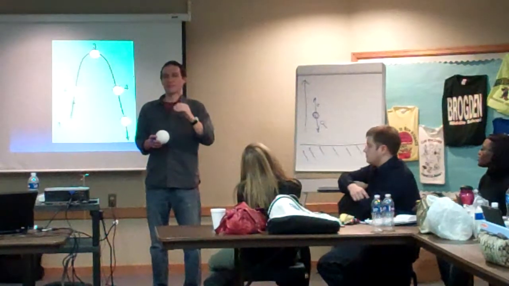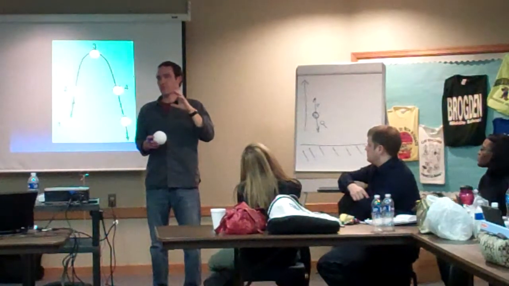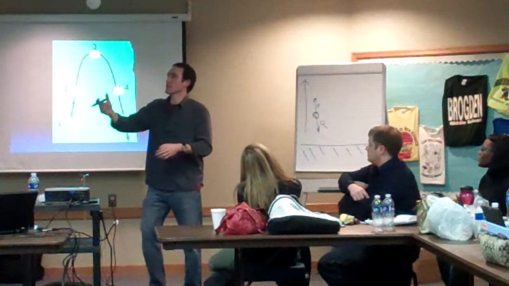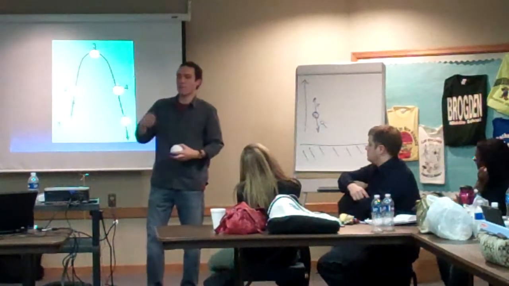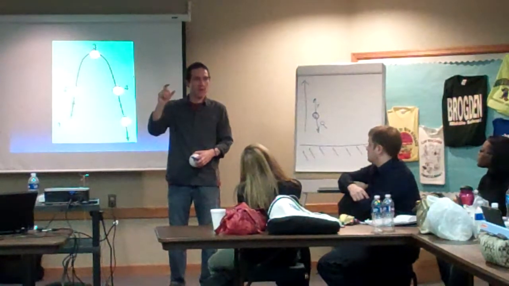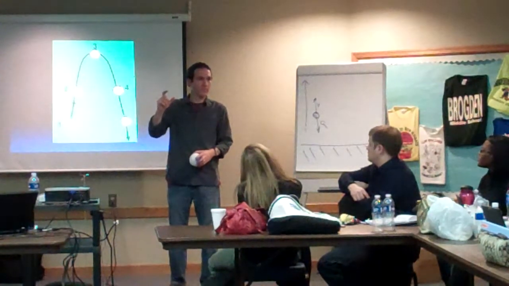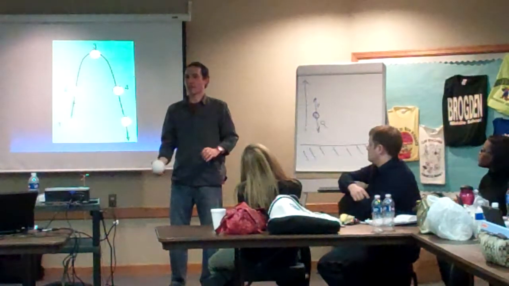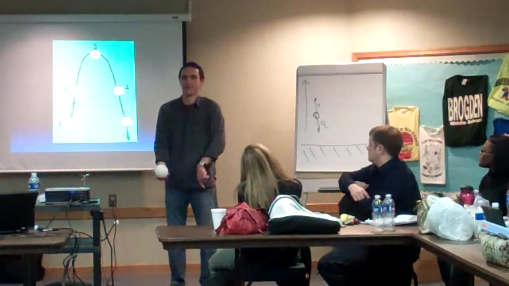Although this motion doesn't look that uniform, what is happening every second that's exactly the same is the velocity is changing the same amount every second. It's getting more and more downward.